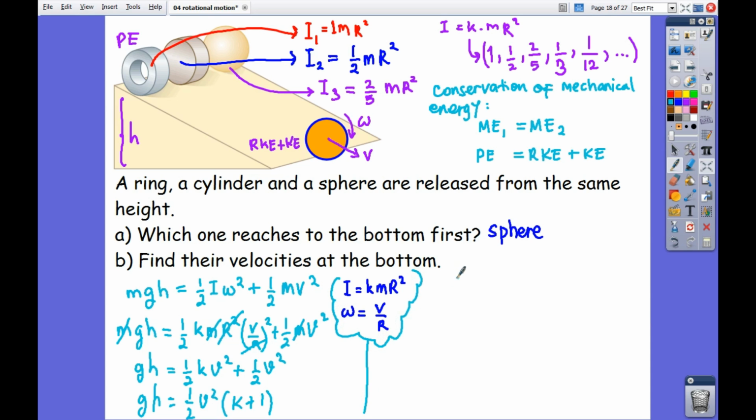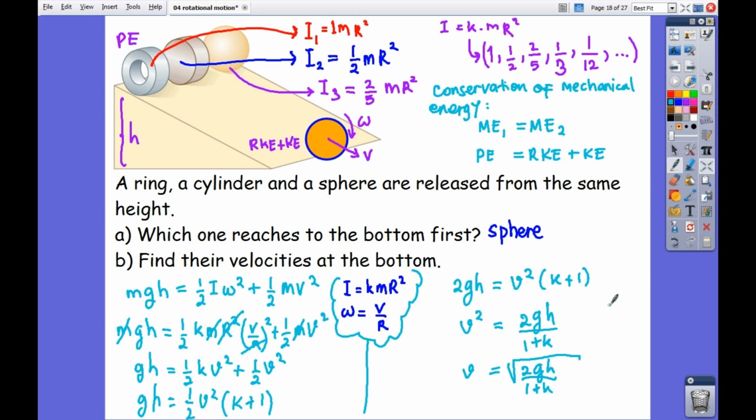Moving on, let's multiply each side by 2. 2 g h equals v squared times (k added by 1). Move this part here, so v squared equals 2 g h over (1 added by k). v equals the square root of 2 g h over (1 added by k).